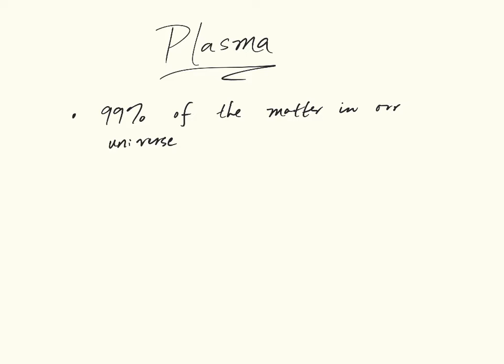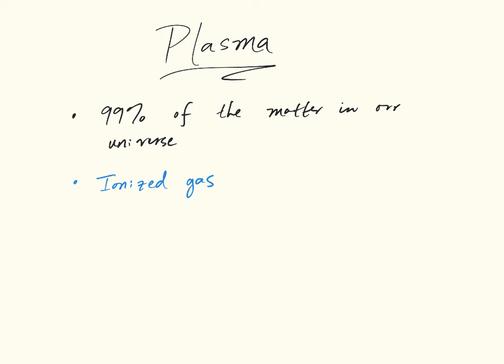Now, what is plasma? And this is where states of matter get a little more complex. The way I'm going to describe plasma is that it is an ionized gas.